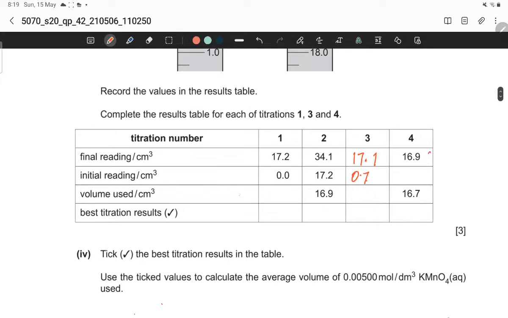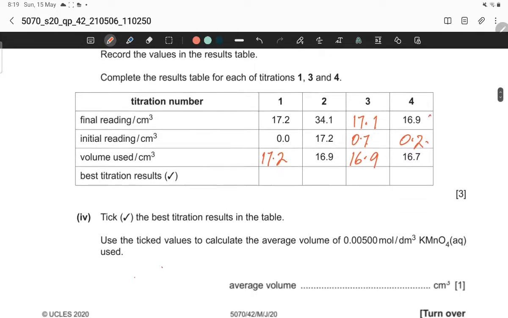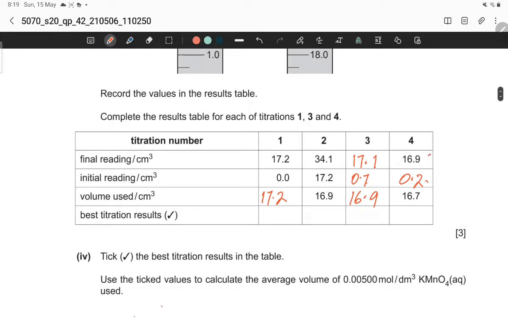So let's calculate the volume difference. 17.2 over here and 16.9. The difference between the two values is equal to 0.2. For the best titration, you know that the readings which are closer to each other, which have very little difference between them, are the best titration.